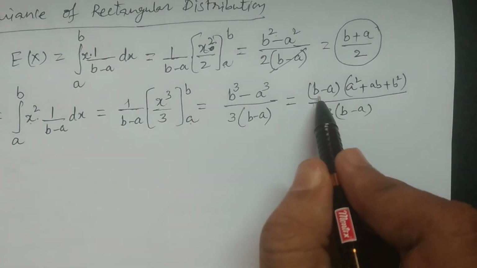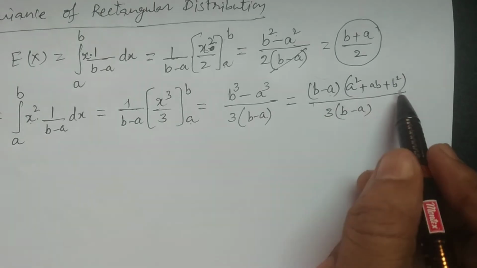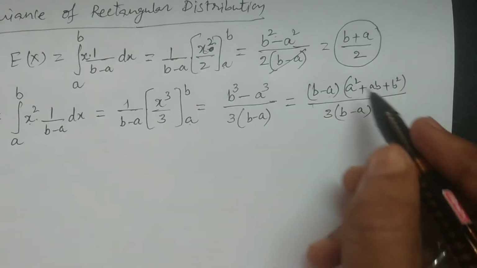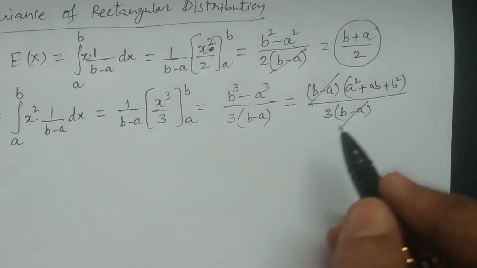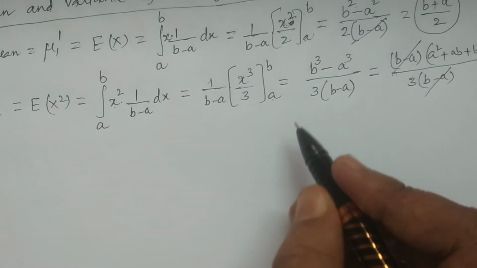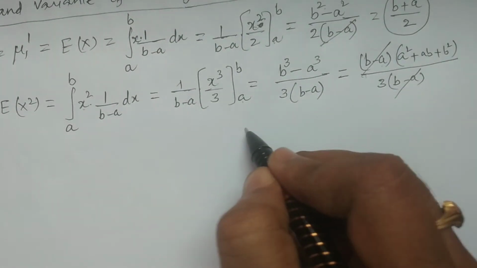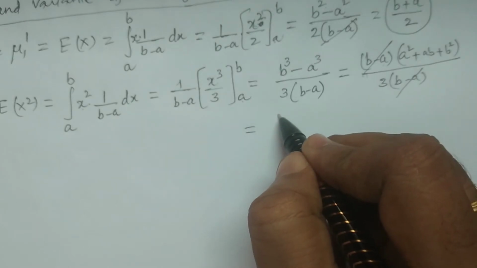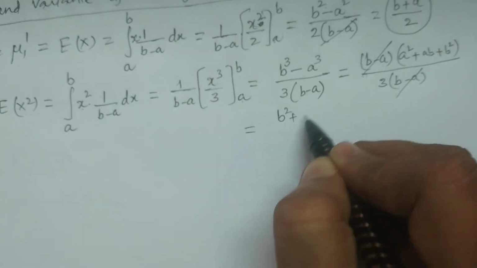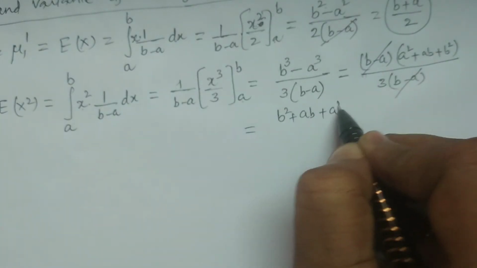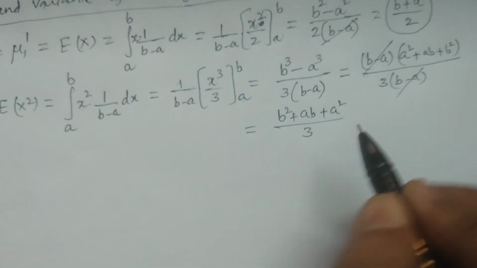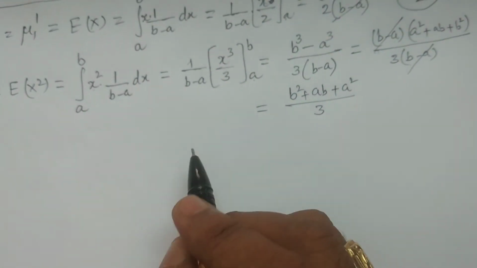So b minus a will get cancelled. Therefore mu2 dash is equivalent to b square plus ab plus a square divided by 3. I'm writing in an order, that's all.